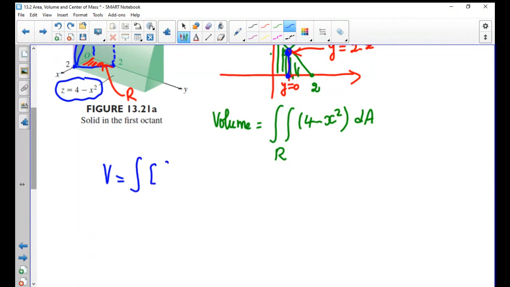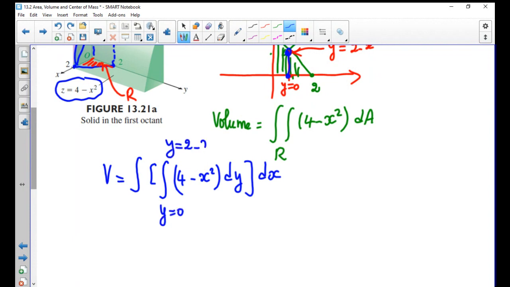That's how we're going to find the volume. So it's going to be the integral with respect to y first. By the way, I could do it with respect to x also. It's possible. You just go from left to right in that case. So from y equals 0 to y equal 2 minus x, and then with respect to x from 0 to 2, like this. So after that, it's really simple.